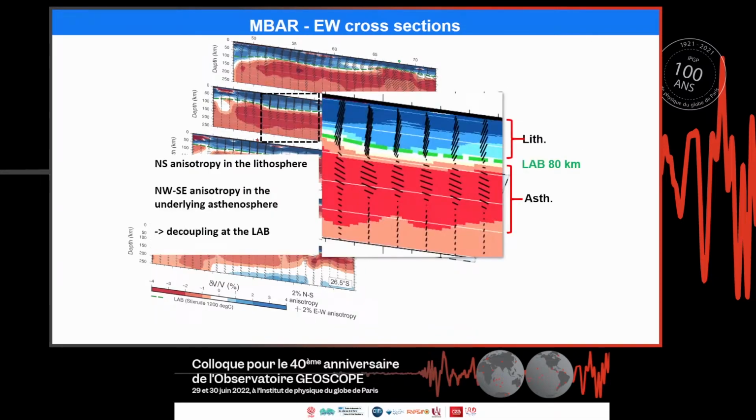When one zooms in on this area, we retrieve the north-south anisotropy within the lithosphere above this anisotropic low velocity structure in the asthenosphere, and we also found a pattern of spindle-shaped anisotropy within the asthenosphere, suggesting a kind of channeled flow in the asthenosphere, and therefore a decoupling between the asthenospheric flow and the overlying lithosphere that was moving more or less towards the northeast.